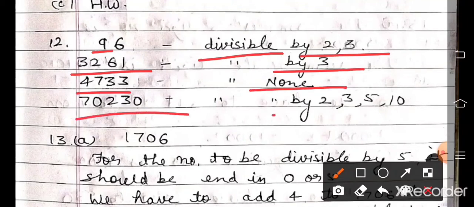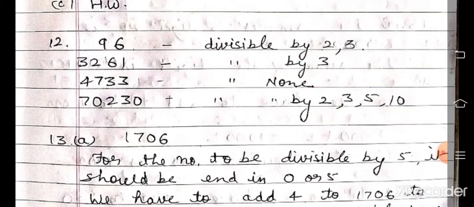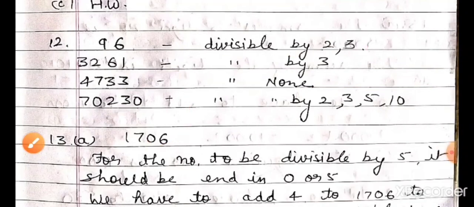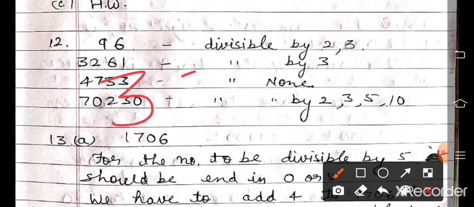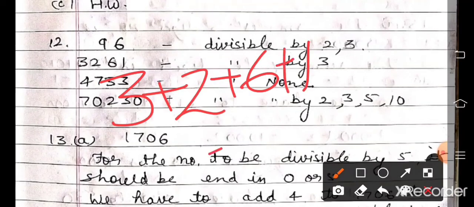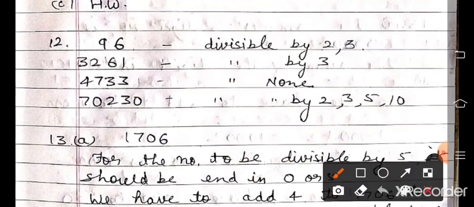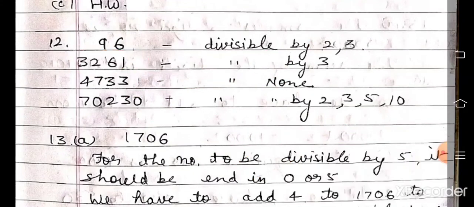And this number by all: 2, 3, 5, 10. You can divide and check the answers. Okay. Or for divisibility by 3, for 3261, you can add the numbers like this: 3 plus 2 is 5, 5 plus 6 is 11 and 1, 12. 12 is divisible by 3. So this number is also divisible by 3. Okay, so like this you do.